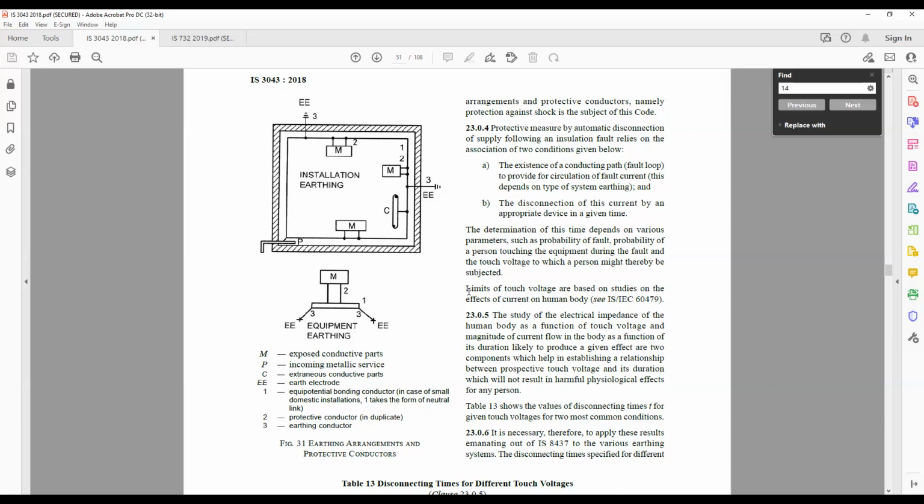M stands for exposed conductive part, meaning the major electrical appliances like panel boards, motors. When you connect it to the protective equipotential bonding, you need to make 2 connections. Example, on the cable tray, you have one run of bus bar. When you connect your panel board to the bus bar, you have to make an additional connection, a duplicate connection. This is the meaning. And if you look at item C, which is an extraneous conductive part, which is a metal pipe or whatever it is, those don't require 2 connections, only 1 connection is required. This is how it is.